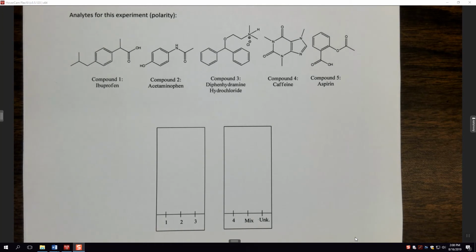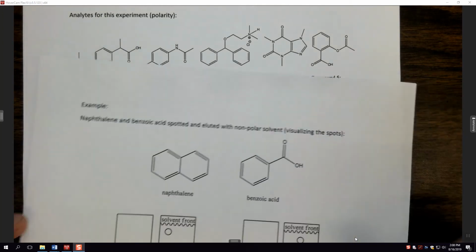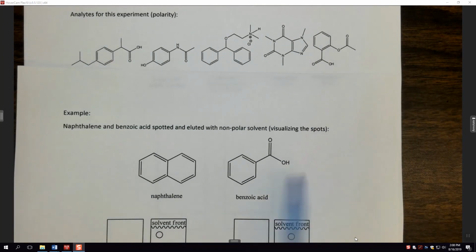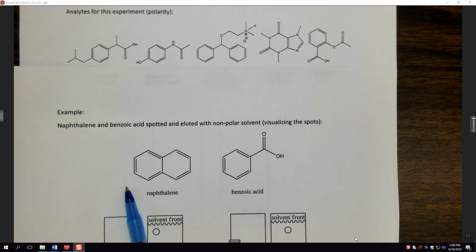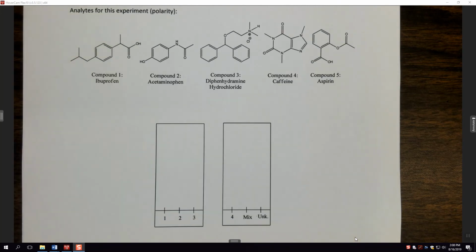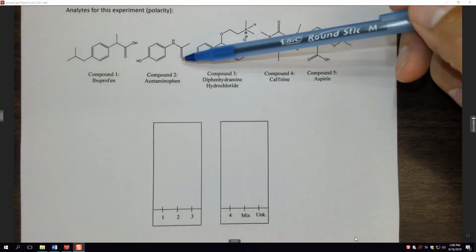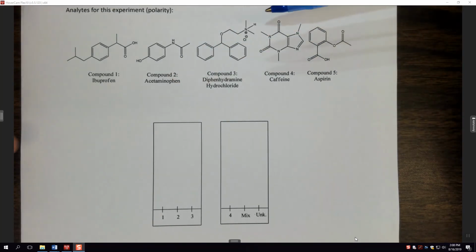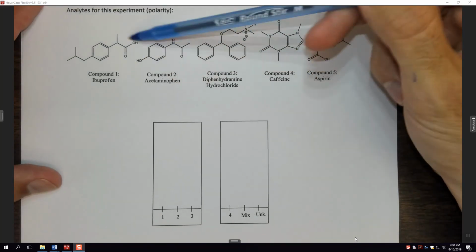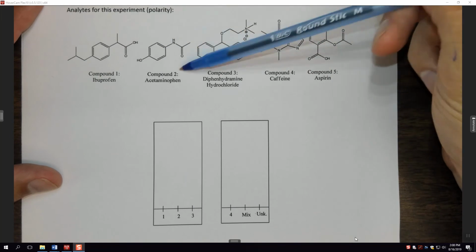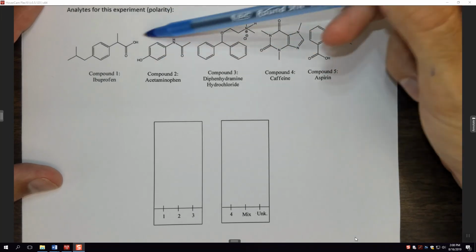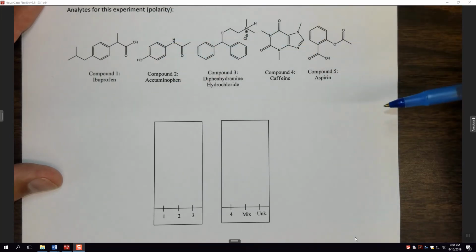Now, in the case of naphthalene and benzoic acid, it was obvious that benzoic acid is more polar than naphthalene. In the case of ibuprofen versus acetaminophen, it's not quite as obvious. In this case, you have a carboxylic acid group in ibuprofen. You have an amide and an OH or a phenol type group in acetaminophen.